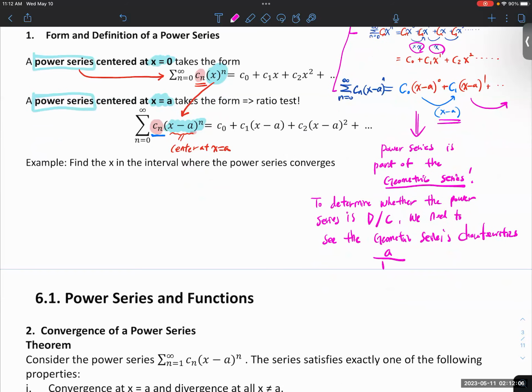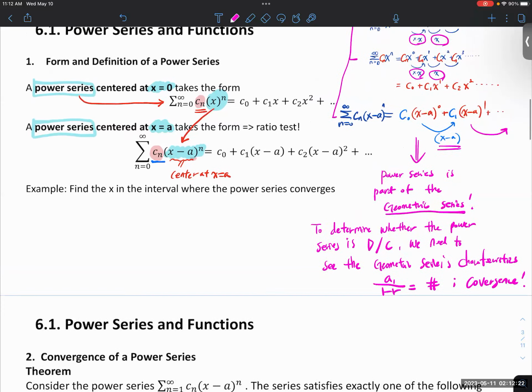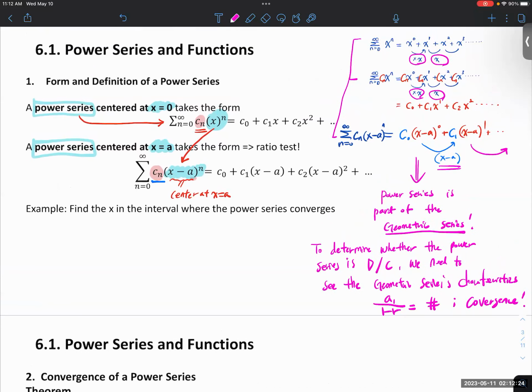A over 1 minus r. If you have a certain number, the geometric series is always convergent. Do you remember? The A means the first number, and r means the common ratio. So we are going to utilize the same concept to determine whether the power series is convergent or divergent.